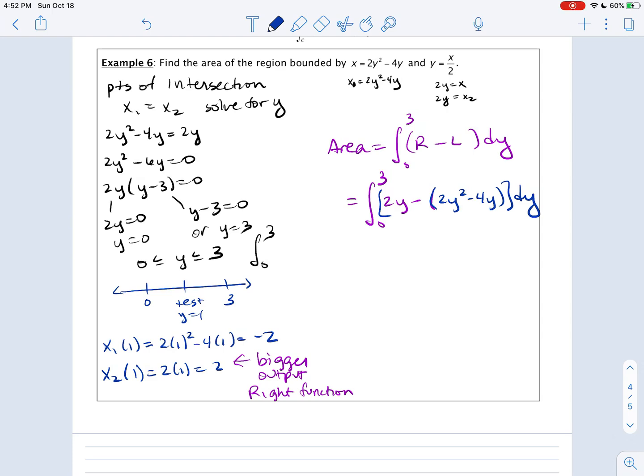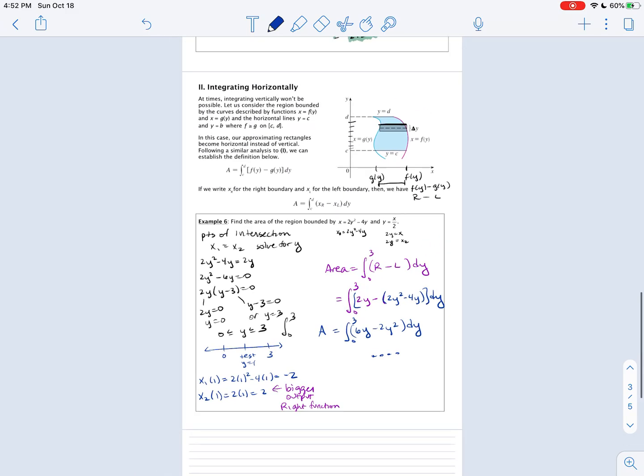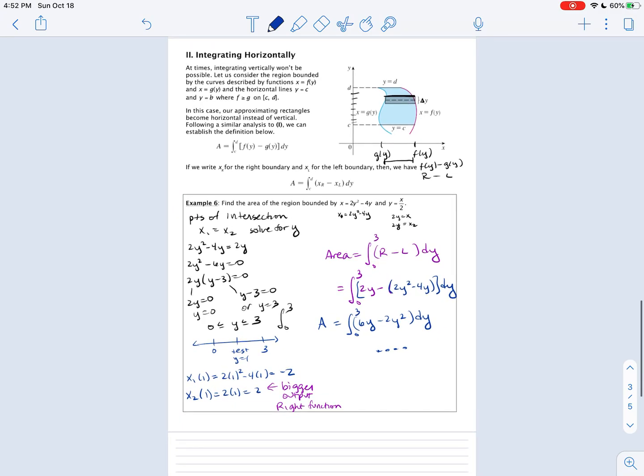So cleaning things up by distributing, I end up with 2y minus 2y squared plus 4y, and 2y plus 4y is 6y, so 6y minus 2y squared is going to be my area, and I can quickly and easily integrate that on my own. But I just wanted to show how to set that up.